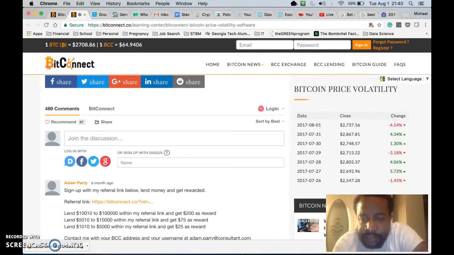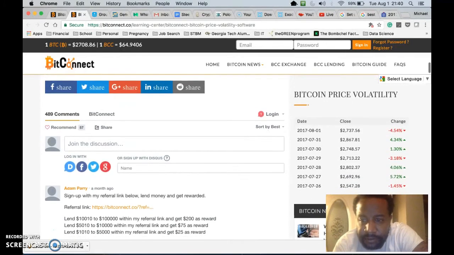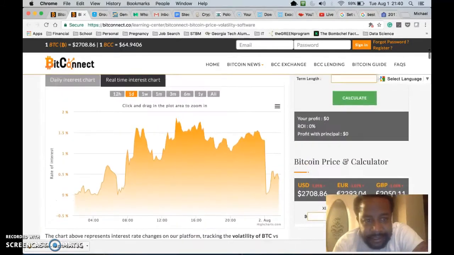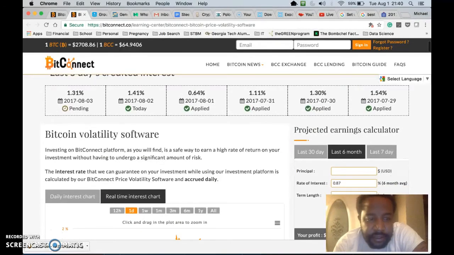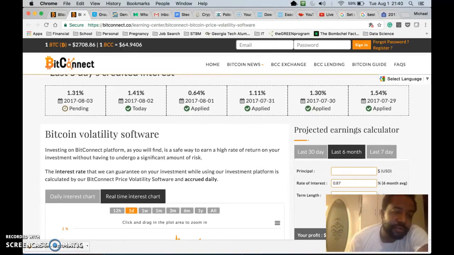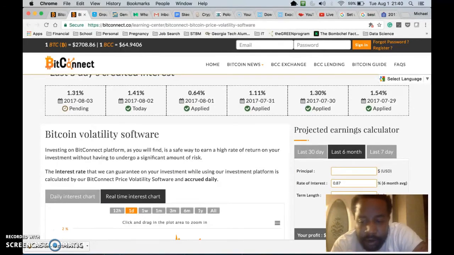As you can see, I told you I was still on August 1st, so they just released the interest rate for the day, and that's what this 1.31% corresponds with, and that's going to be the interest rate in 2 days, even though it's technically tomorrow.